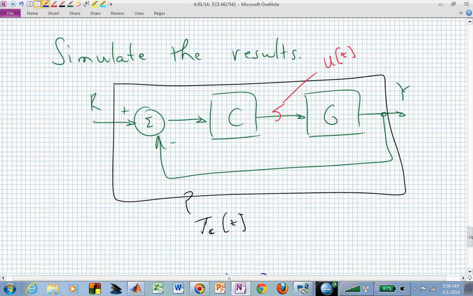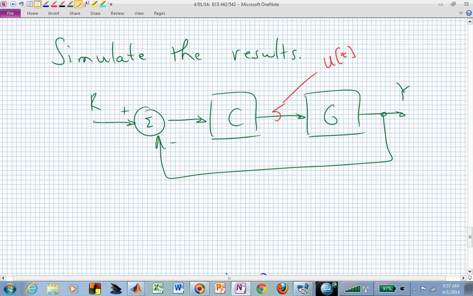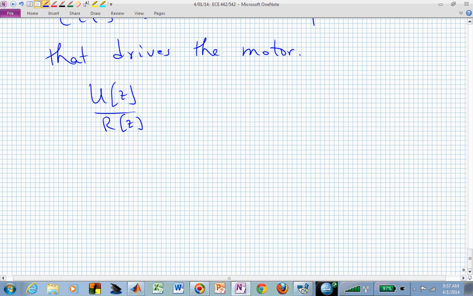Which really says that we are looking at this transfer function between the reference input R and the input U, as indicated here. But look at how we can actually re-sketch that. Maybe it's a little bit unclear because of all this other information around it. But if we simply redraw that block diagram, it might look like something more familiar.